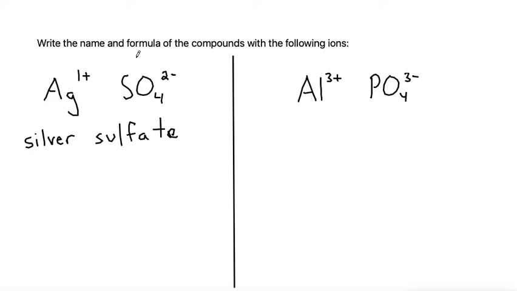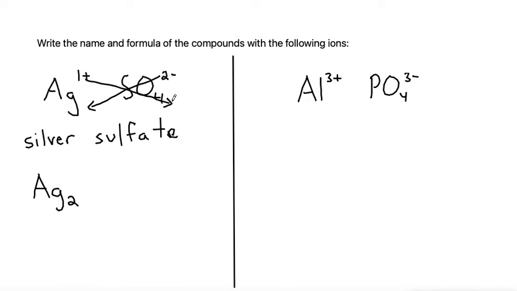To find what the formula is, we can use the crisscross method to crisscross the number of the charges to subscripts. So the number for the subscript of Ag would be the 2 from SO4 2 minus. So that would be Ag with a 2 subscript.